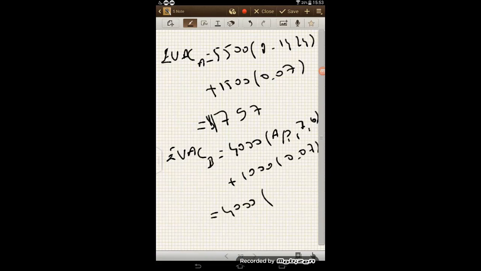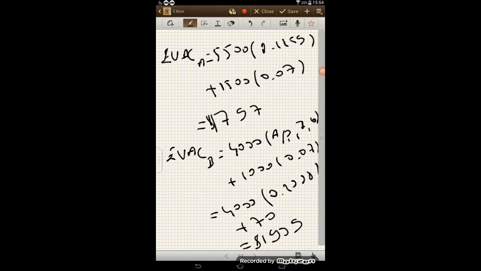Oh sorry, I wrote it wrong. So A over P is 0.2098, plus 1000 times 0.07, which is plus 70, and this one is $909.